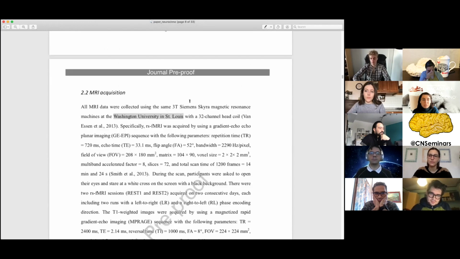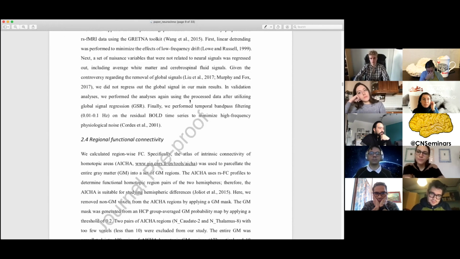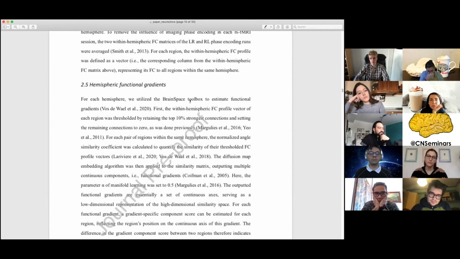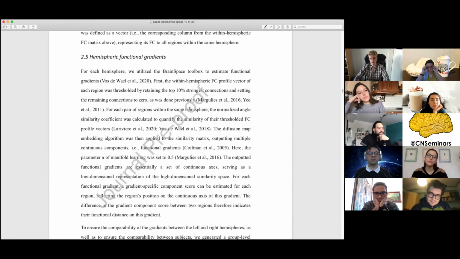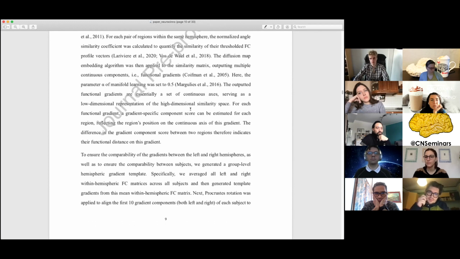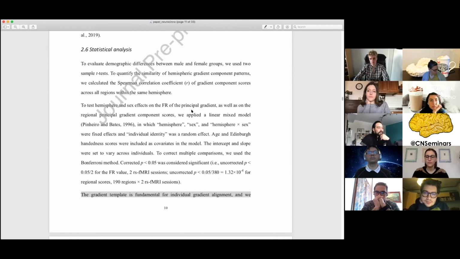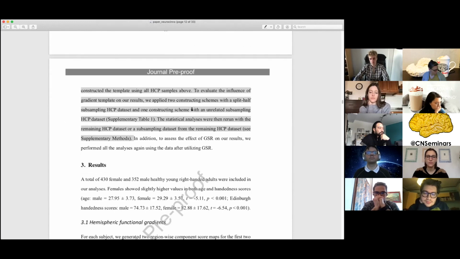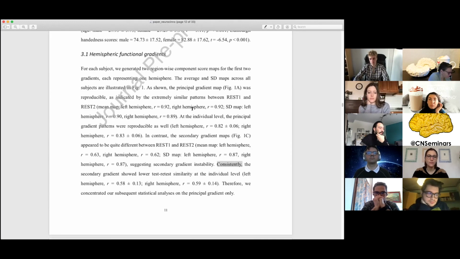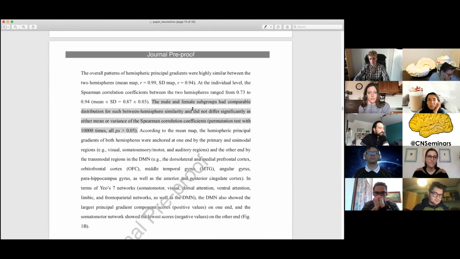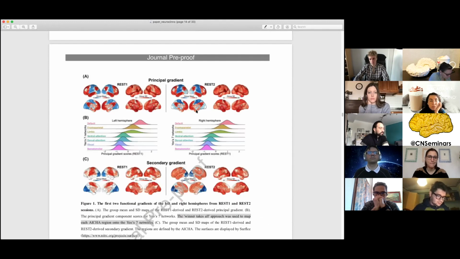For this, they used the Aisha atlas, because one of the problems is to define areas that are homotopic in their functions. The Aisha atlas does this and defines 119 parcels per hemisphere, which are functionally somewhat equivalent.